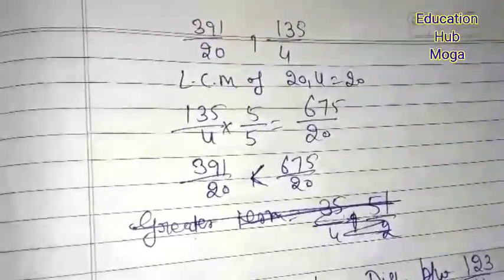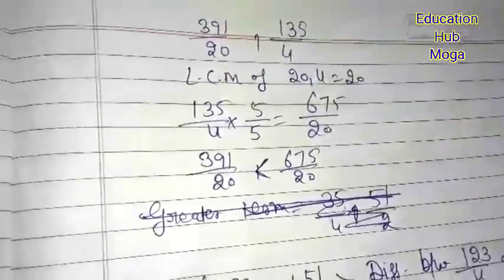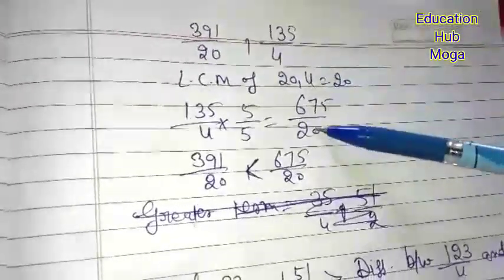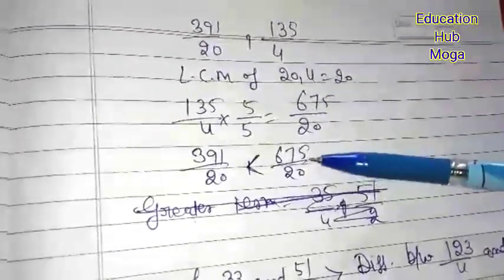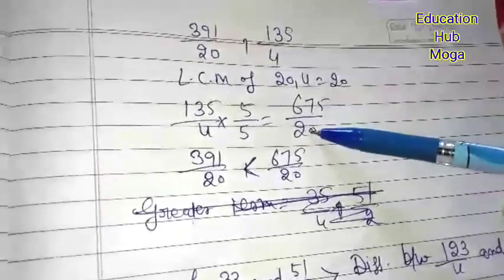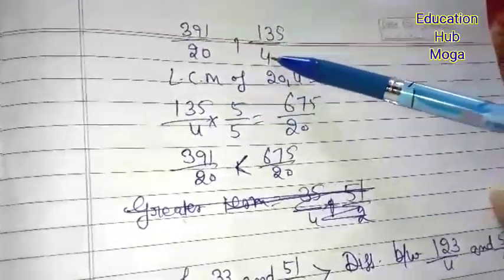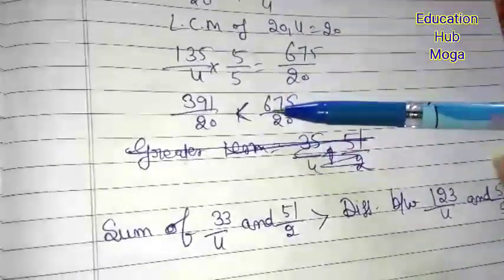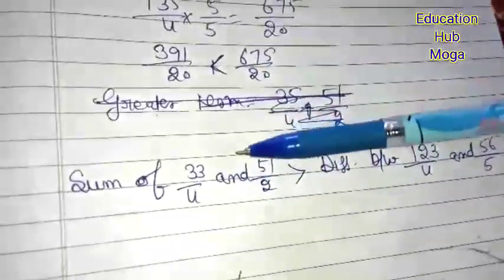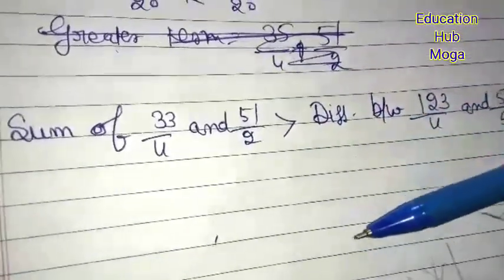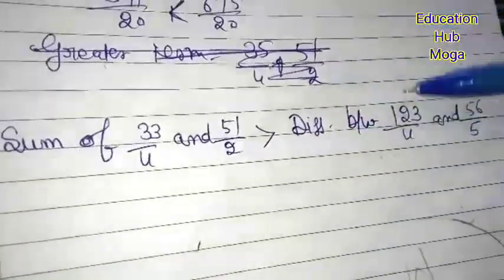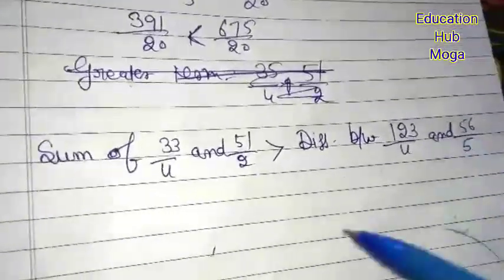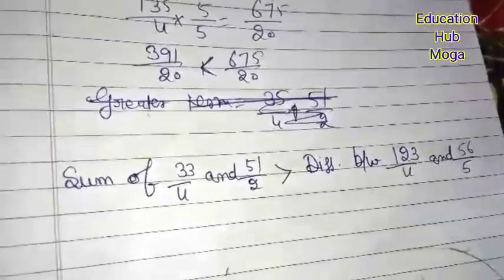We take the LCM of 20 and 4, which is 20, and convert these into like fractions. 135 by 4 becomes 675 by 20, which is greater. So the greater term is the sum. So the sum of 3 3 by 4 and 5 1 by 2 is greater than the difference between 12 3 by 4 and 5 6 by 5. So this is the right answer.